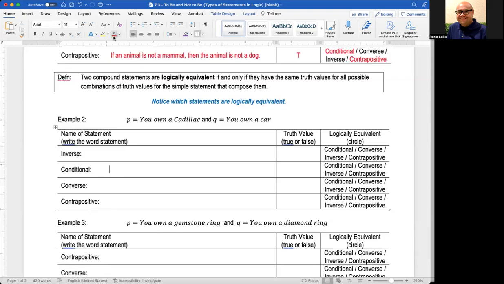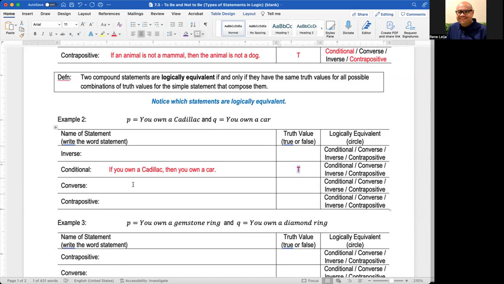So this is going to read, if you own a Cadillac, then you own a car. And that is true. Okay. So that was the conditional.